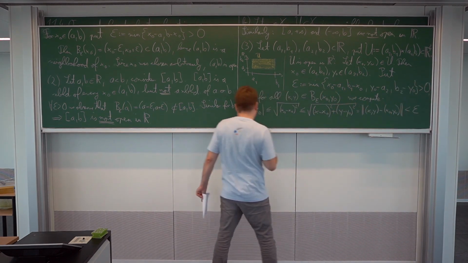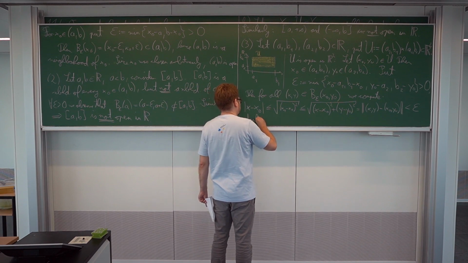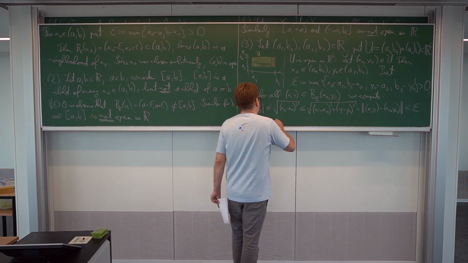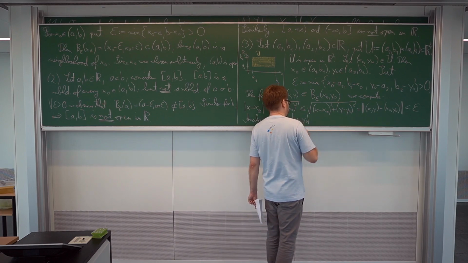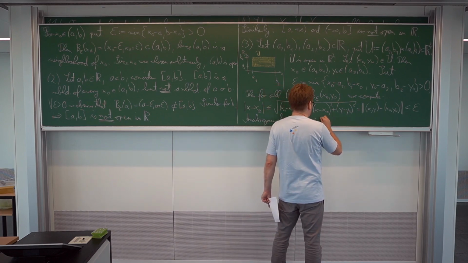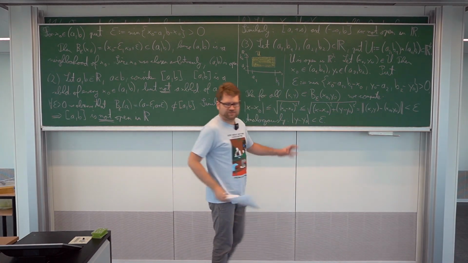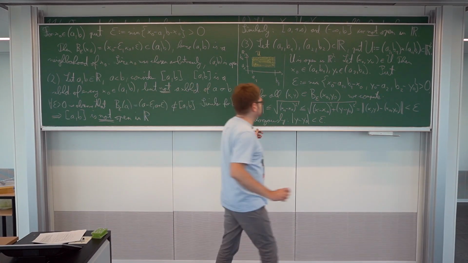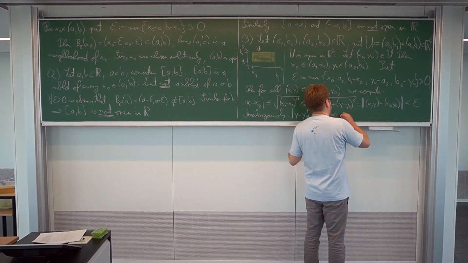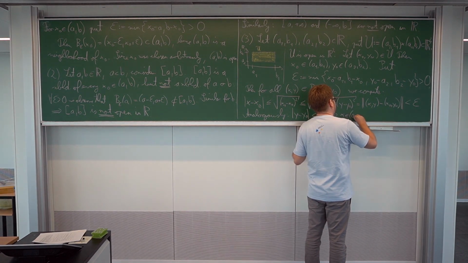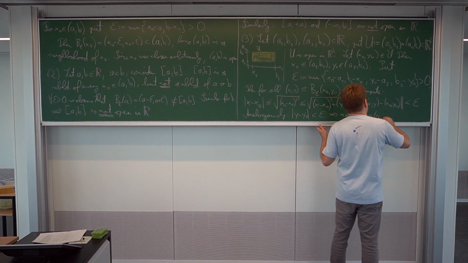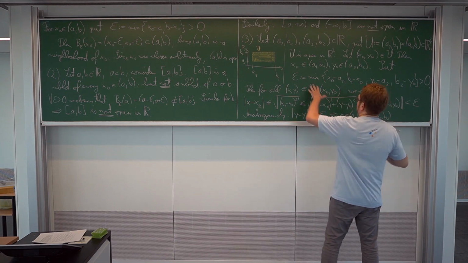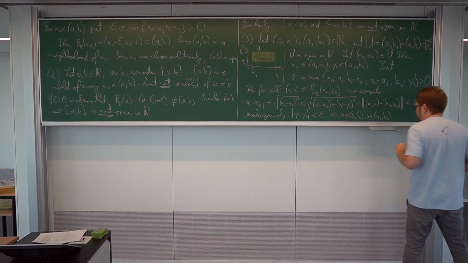And analogously you could do the same with the y coordinate. Analogously, y minus y0 in absolute value is smaller than epsilon. So just by definition of epsilon, this means x must be between a1 and b1, and y must be between a2 and b2, simply by choosing epsilon that small, so that we cannot touch the boundary there.